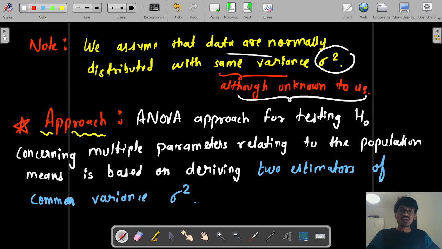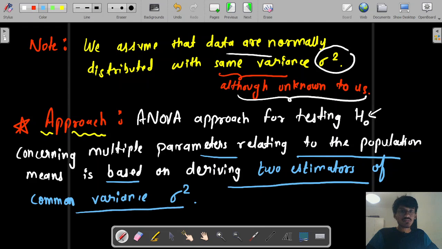So the approach will be like this, for testing our null hypothesis H naught. Let me just read it out: the ANOVA approach for testing our null hypothesis concerning multiple parameters relating to population means is based on deriving two estimators of the common variance sigma square. Whatever the variance is, we know that it is common to all the populations that we have. Obviously we'll have more than two populations here.